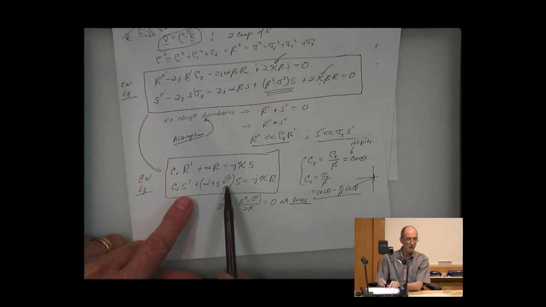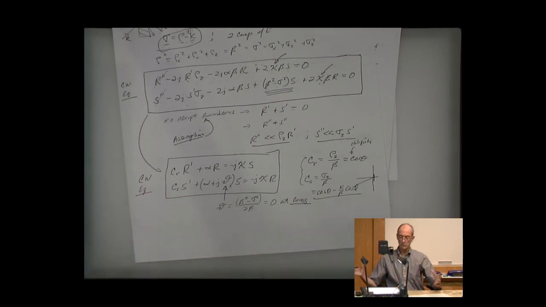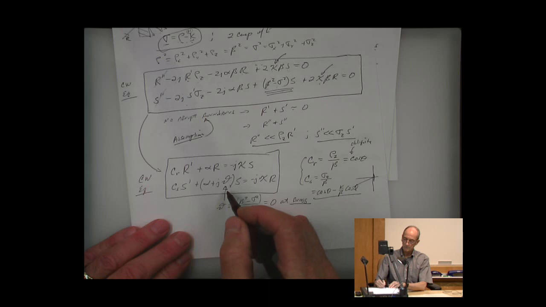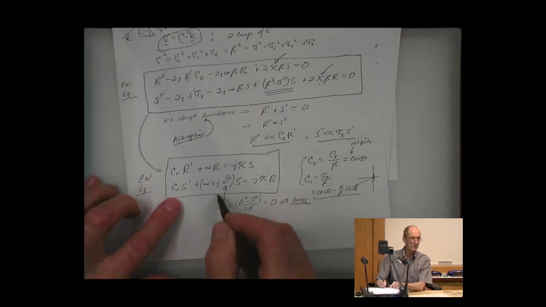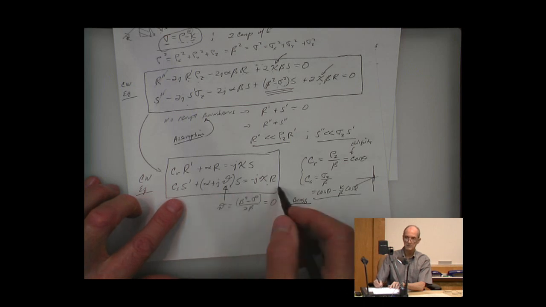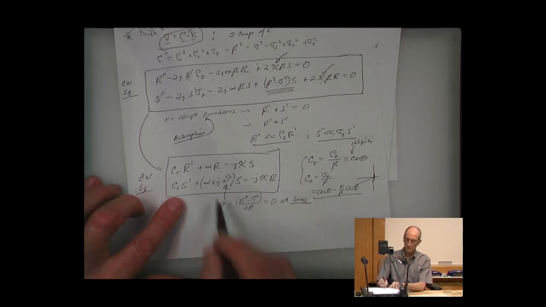If this term is large, if this term keeps growing, if we're detuned way far from Bragg, then this term is much greater than that term, and we have very little coupling between S and R. The same can be said for alpha.